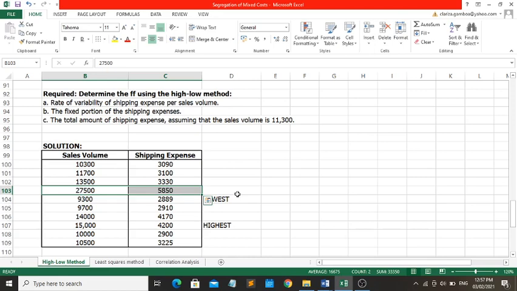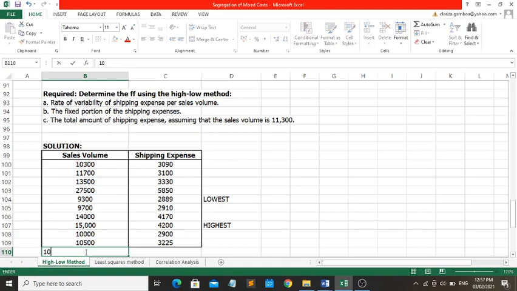Okay, so halimbawa, Pasko kasi, kaya pala malakas or madami yung sales volume nila. Okay? Kaya lang tumataas dahil sa season. Or nagkaroon ng, for example, mga relief goods, yung tinda nila, biglang tumaas yung benta ng relief goods kasi pala nagkaroon ng bagyo. Kaya naging extremely high and extremely low. So, eto, hindi natin isinasama sa pagpipilian ng highest or lowest na point. Okay? Hindi sila magiging magandang representative ng ating data.